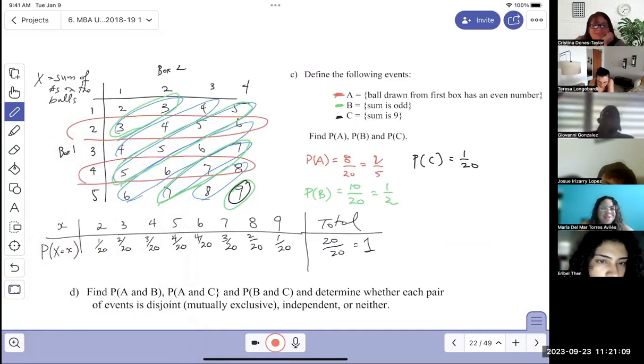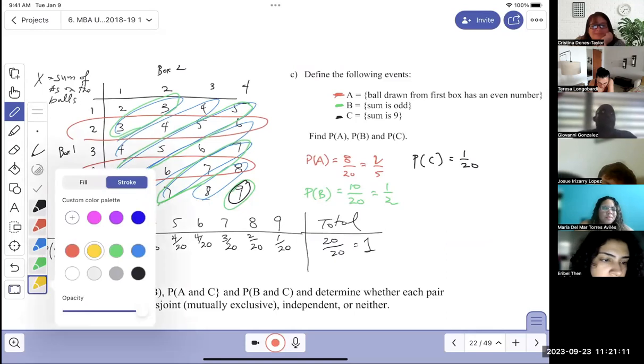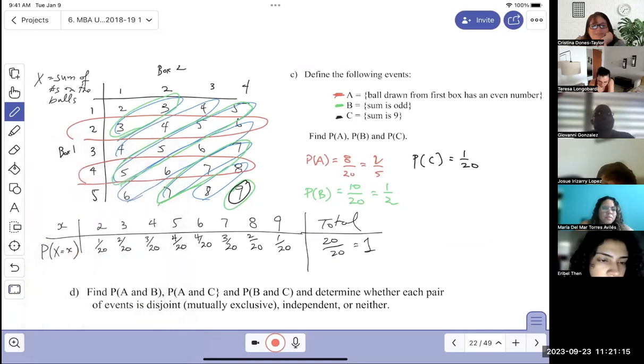So let's mark where A and B overlap. So red and green here, red and green here, red and green here, and red and green here. That's it.